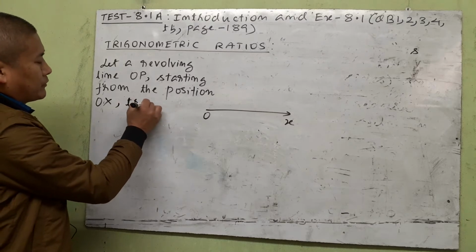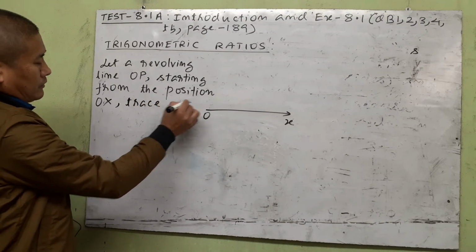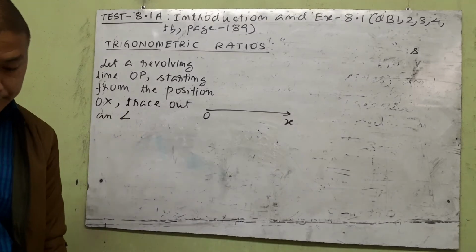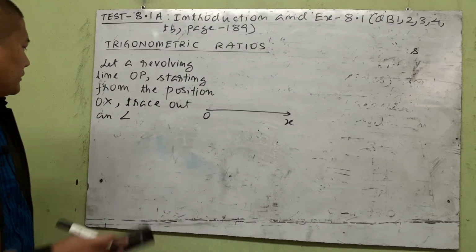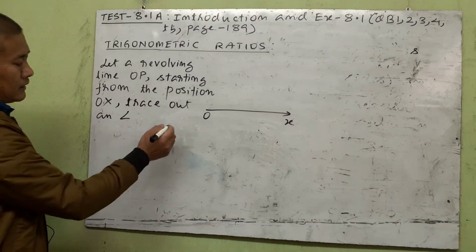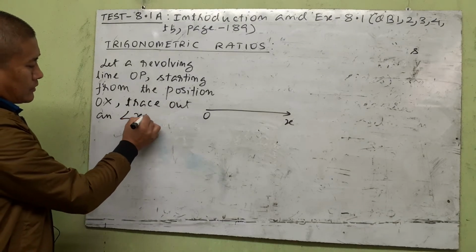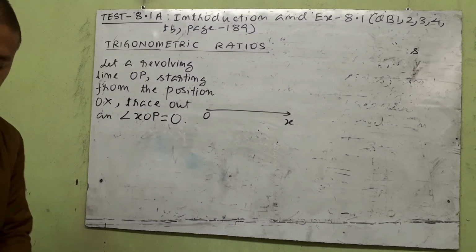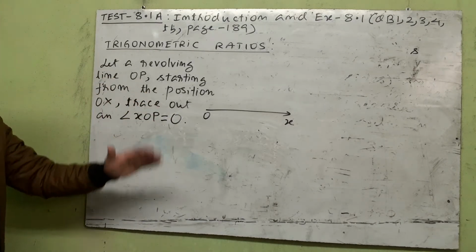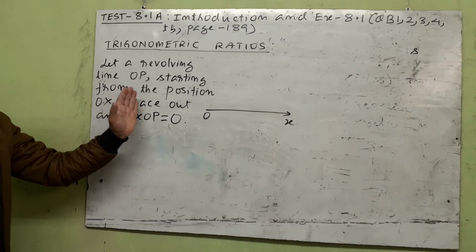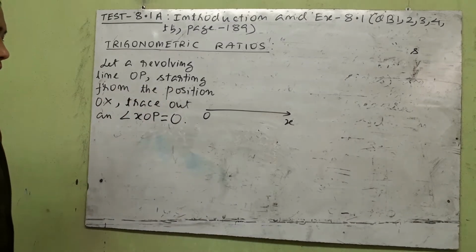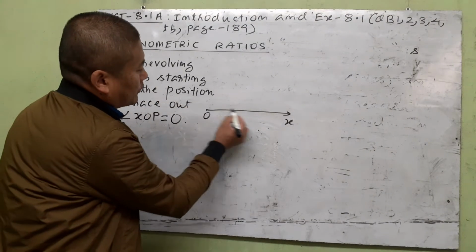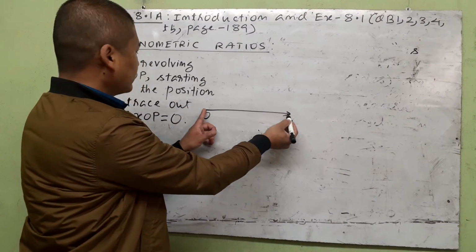Trace out an angle, any angle, or trace out an angle XOP equal to theta, right up to here, and we'll explain this. Write as I write, you also write along with me, because we're going quite slow, right? So this means that there is a line OX which is fixed.